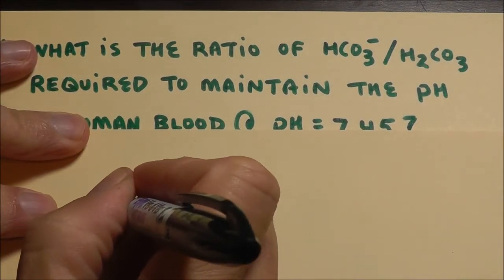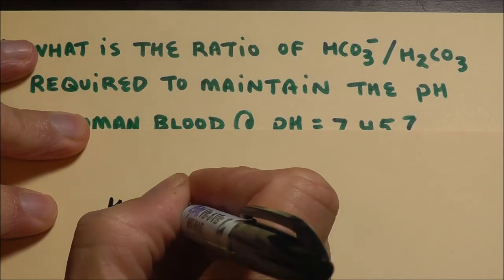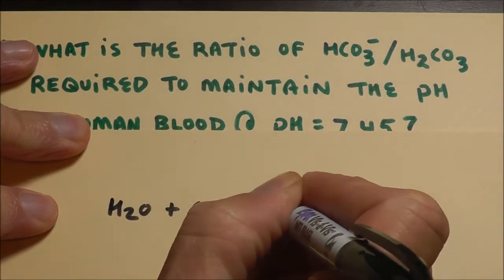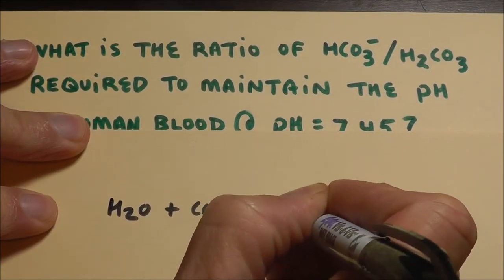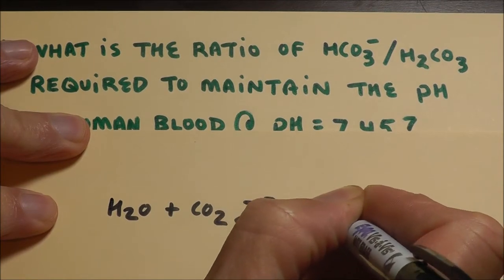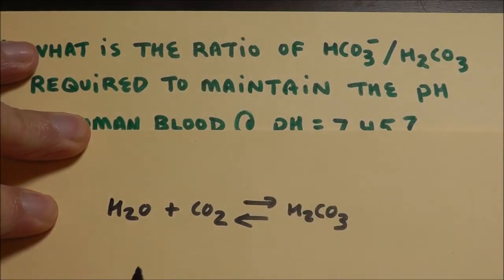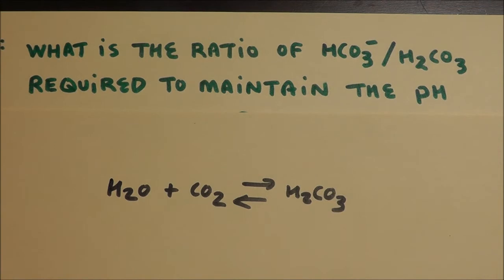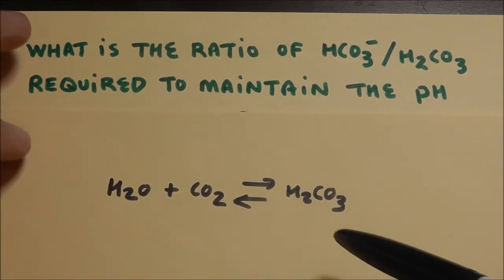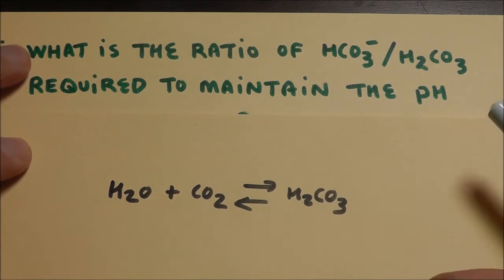Right now, your cells are producing CO2, and one of the reasons that CO2 dissolves so darn well in water is because of its London forces, of course, but also because it makes this acid, carbonic acid.